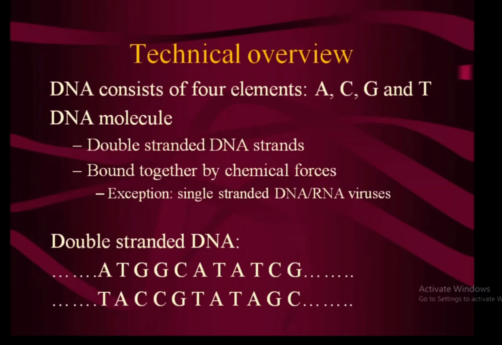The DNA molecule consists of a double strand bound together by chemical forces. The exception is single-stranded DNA or RNA viruses, which have only single strands, so they are not bound by chemical forces. A double-stranded DNA would read like this: A is always paired with T, and G is always paired with C.